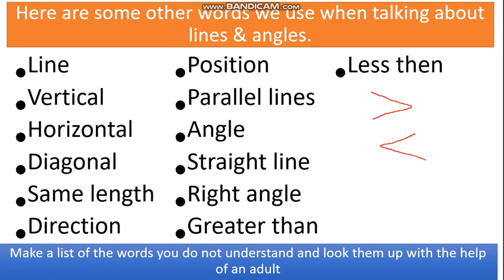So this is greater than, and this is less than. Okay, so the crocodile, remember, will always open his mouth to the bigger number. So read them from left to right.